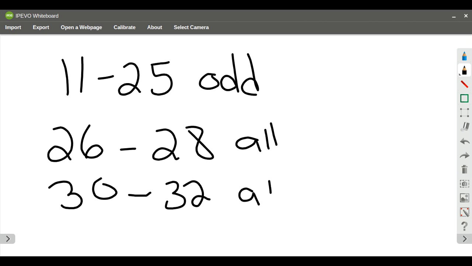On the back side, I'm not looking for problem number 29. You are not doing all of the front side of your independent practice, just the odd values. So you're going to do 11, 13, 15, 17, 19, 21, 23, 25, 26 through 28 all on the back, and then 30 through 32 all.